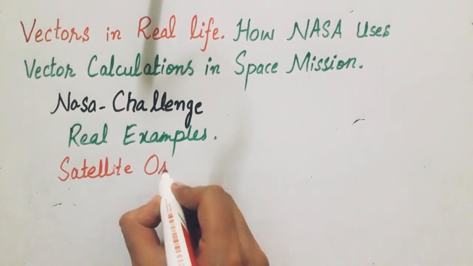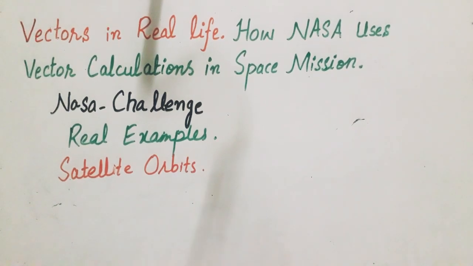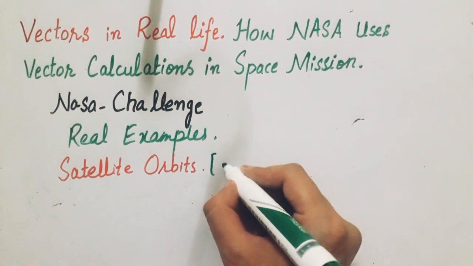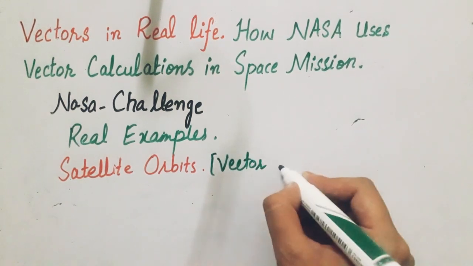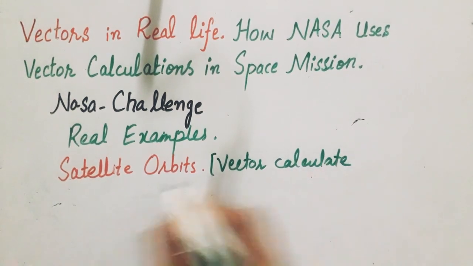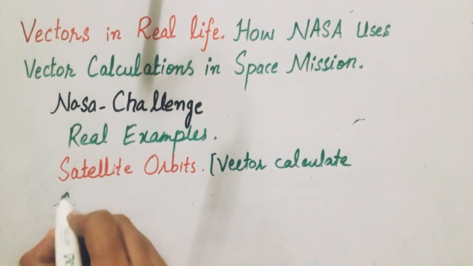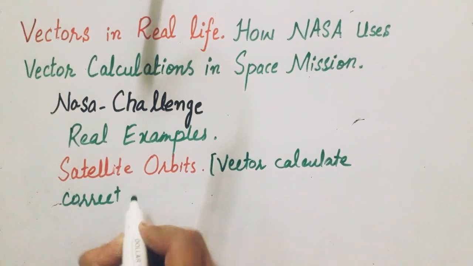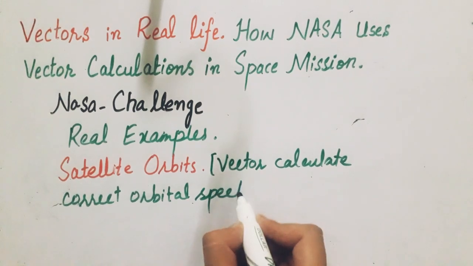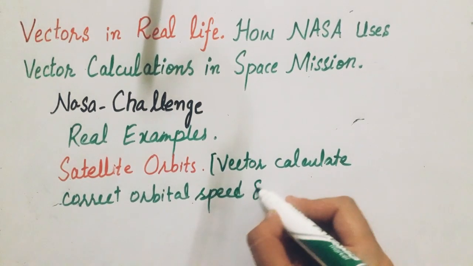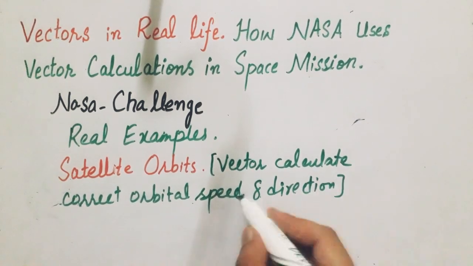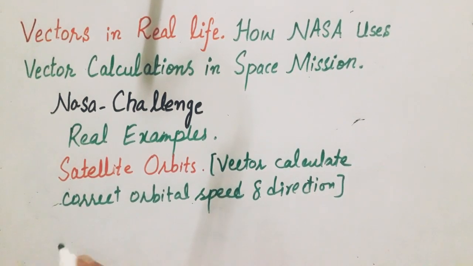Vectors calculate the satellite's correct orbital speed and direction. We get speed and direction with the help of vectors.